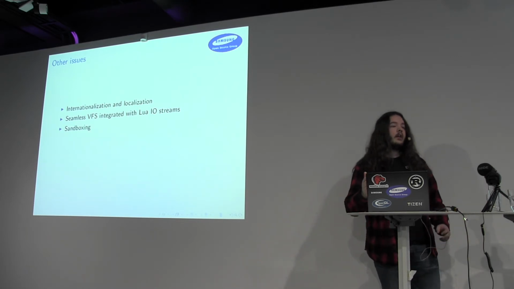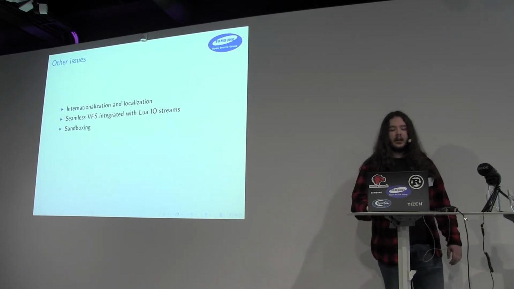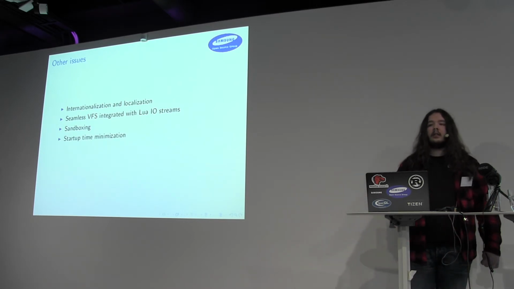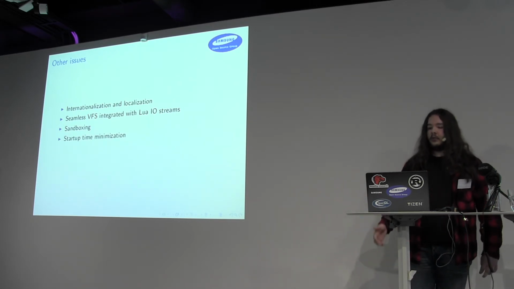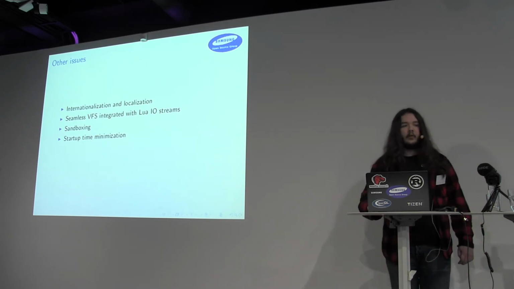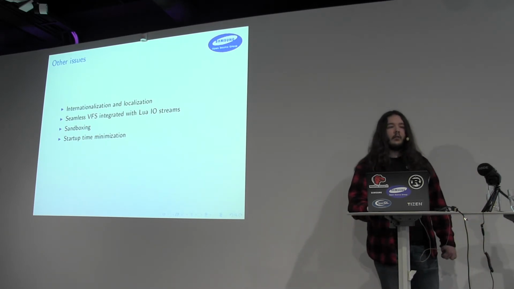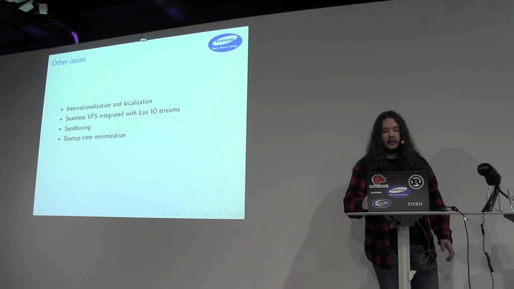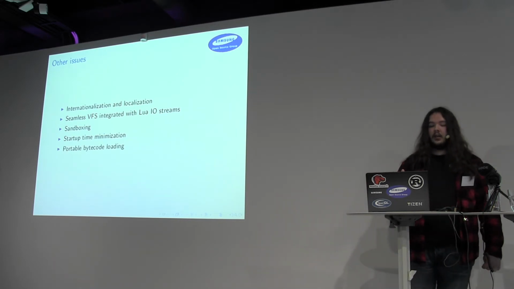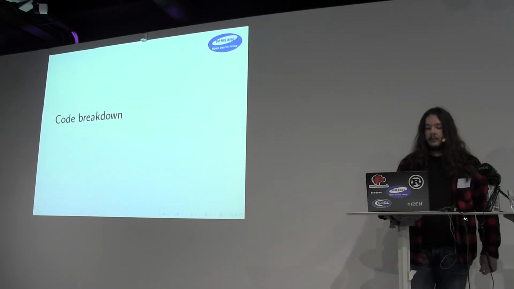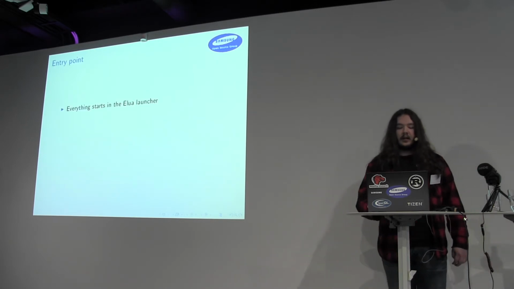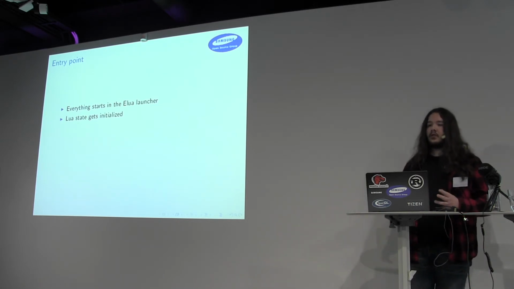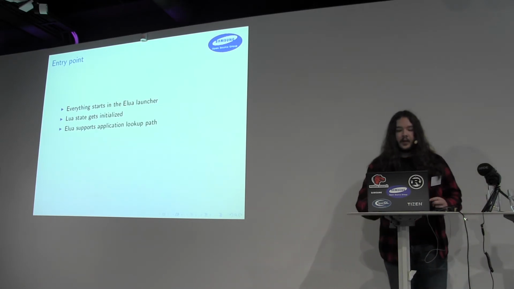We need to figure out sandboxing, which is also kind of difficult, and we need to minimize the startup time, because for mobile purposes and slow hardware, it needs to be as lightweight as possible. And we need a portable bytecode loader. So, how does it work? Everything starts in the launcher, and the Lua state gets initialized as usual, just a standard C Lua state.